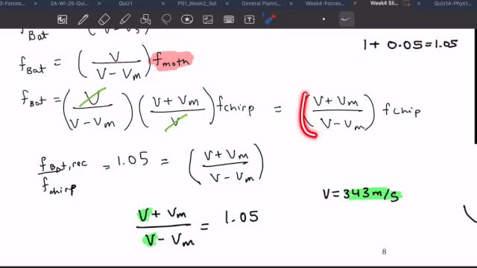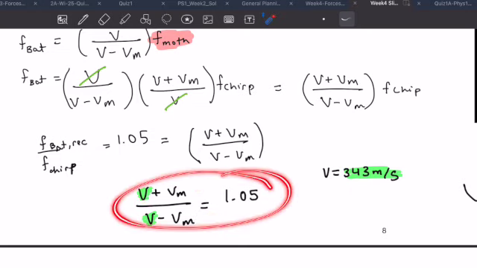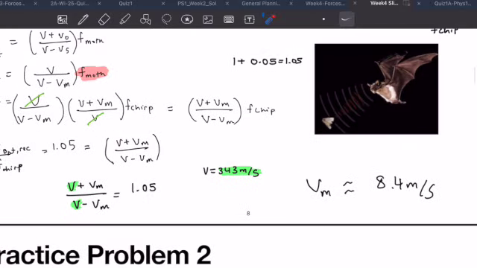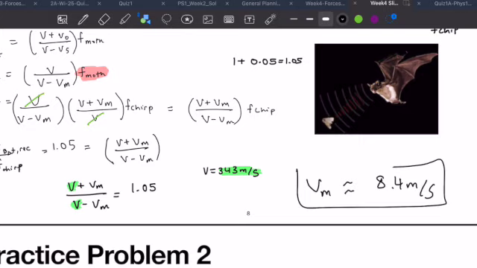And that is all equal to the following fraction here. In this fraction, for v, we plug in 343 because that's the speed of the wave that's propagating. It's a sound wave. And vm is what we want to solve for. So in this equation, after you plug in 343 and solve for the velocity that the moth is moving with, you should get about 8.4 meters per second.